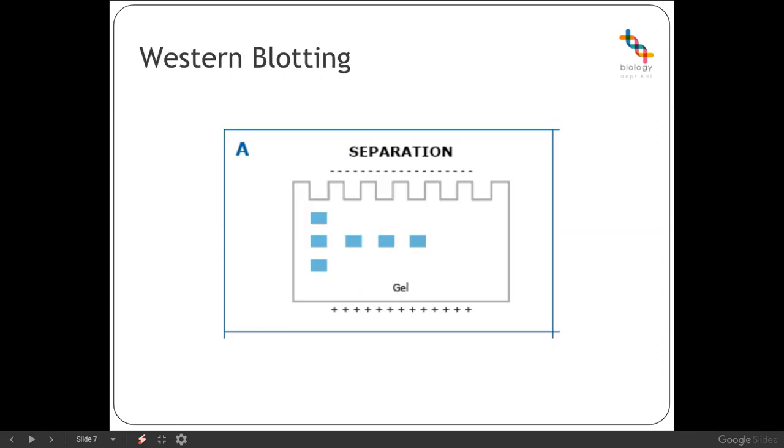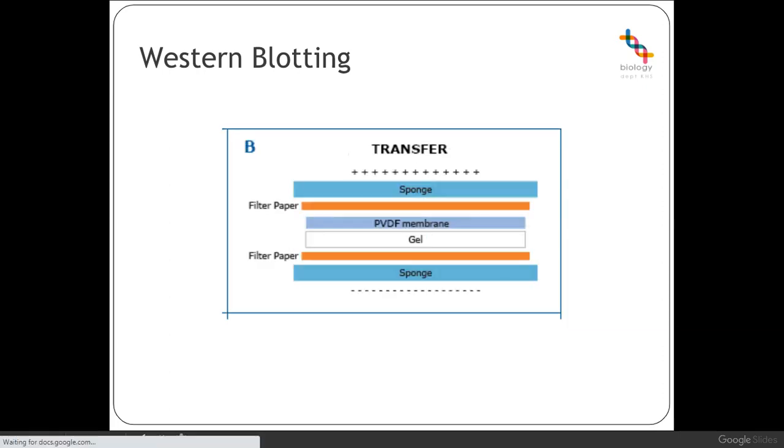Western blotting again exploits some of these natural techniques. It's a technique that we use to identify specific proteins, and these are ones that have been separated using SDS-PAGE gel electrophoresis, which we discussed in the last lesson. So the first stage in the process is to allow these proteins to be separated on that gel.